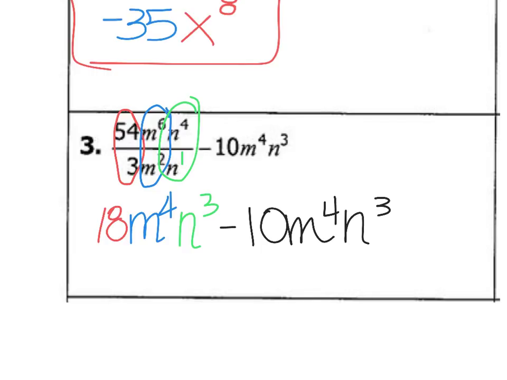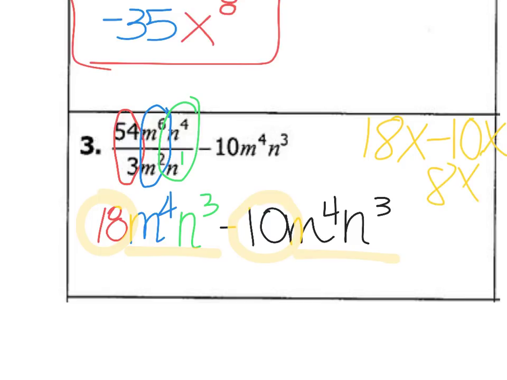Now what I want you guys to recognize is that the first term is a number, m to the 4th, n to the 3rd. The second term is a number, m to the 4th, n to the 3rd. So therefore, these are like terms. Just like if this was 18x minus 10x, that would give us 8x.